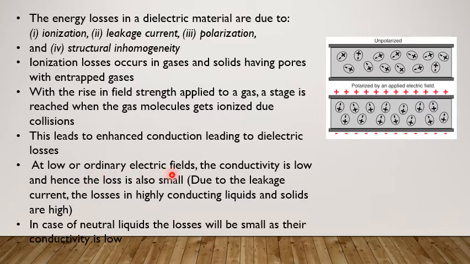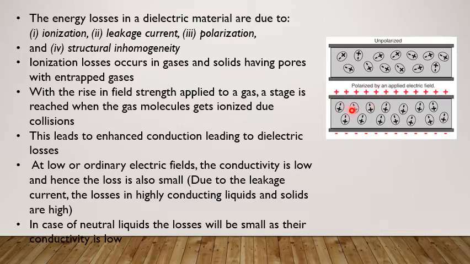At low or ordinary electric field, the conductivity is low. When the electric field is high, the conductivity is high, and leakage current is high. When the electric field is low, the conductivity is also low, and hence loss is also small. Due to leakage current, the losses in highly conducting liquids and solids are high.